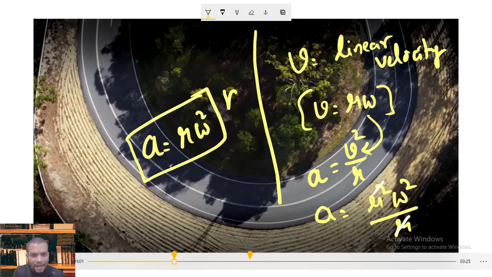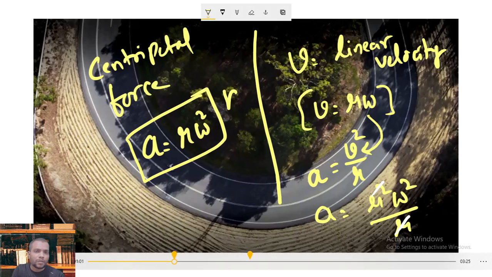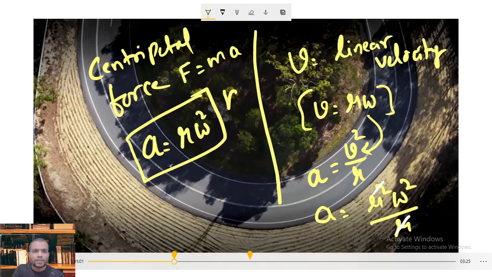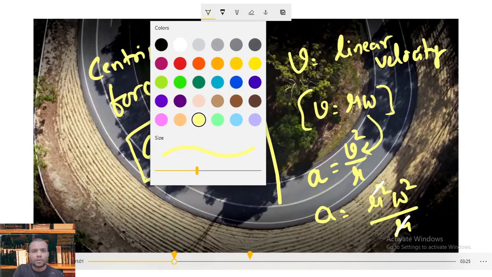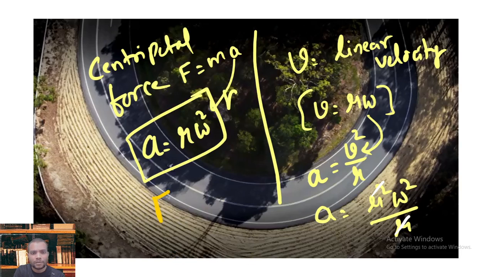If this object has centripetal acceleration, the object has centripetal force. We know the force formula F equal to ma. So in the place of a we can substitute a equal to r omega square. Now we got that centripetal acceleration formula. So the centripetal force F equal to m times r omega square.